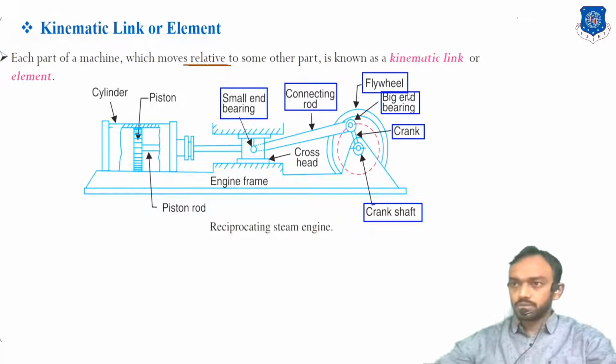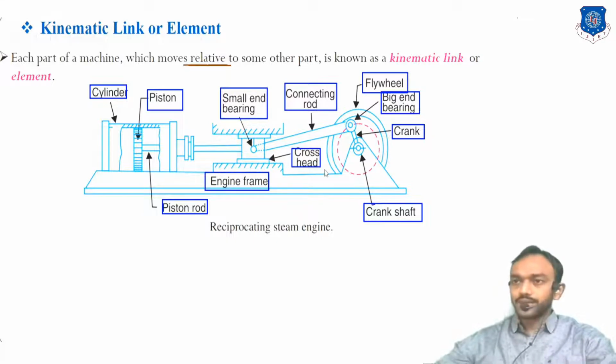The flywheel is also there, and there is a crosshead, which helps to transform the oscillating motion of the connecting rod into the reciprocating motion of the piston rod. There is also the piston rod, cylinder, and engine frame.